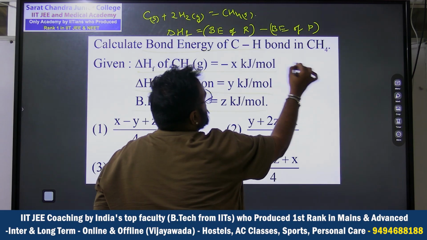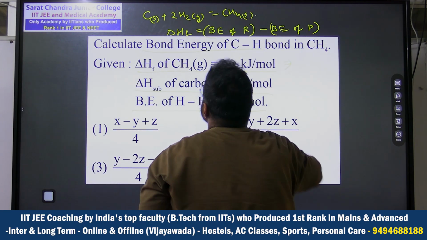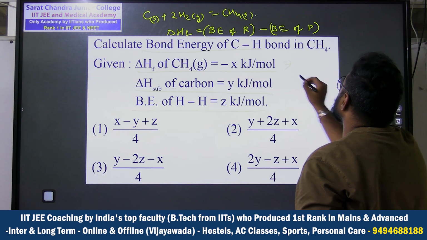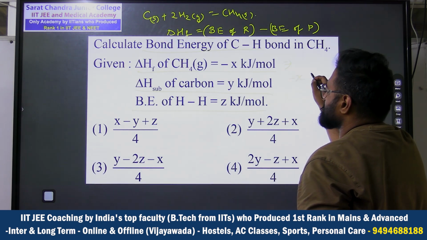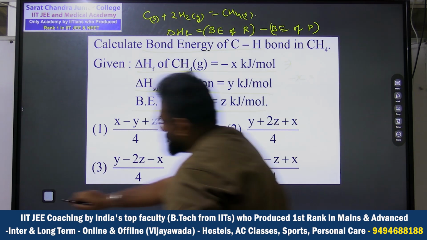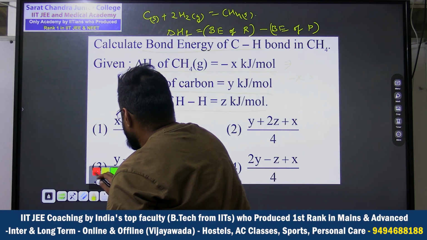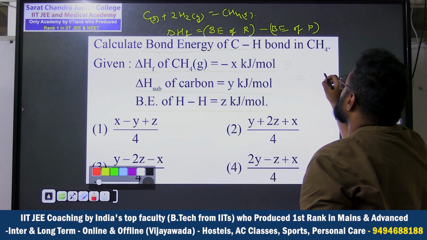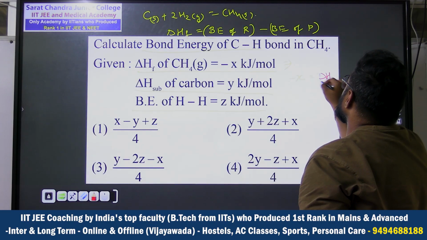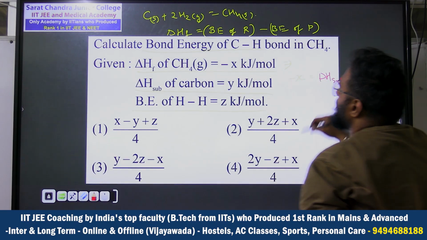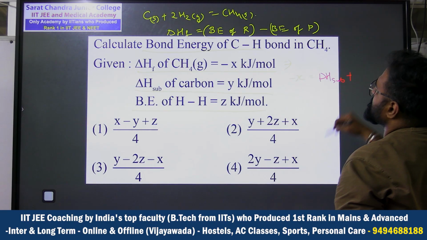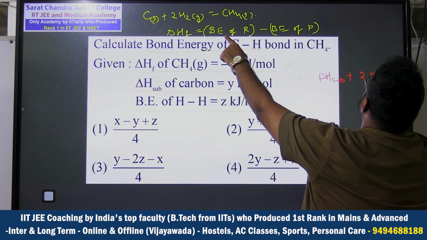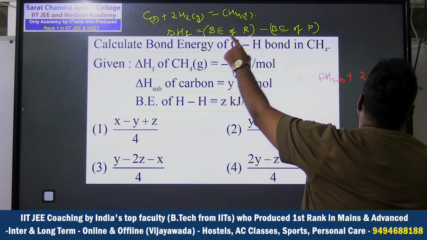So let us solve. What is given? Delta H of formation is given, minus X. So minus X is equal to delta H of sublimation of carbon plus 2 into bond energy of hydrogen.